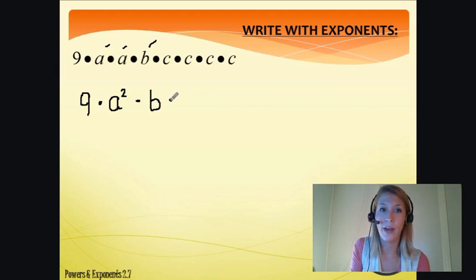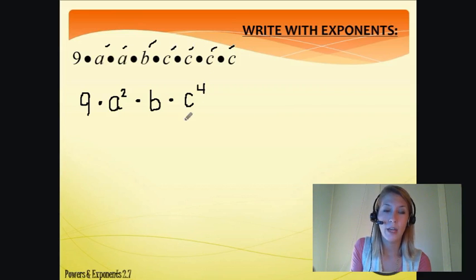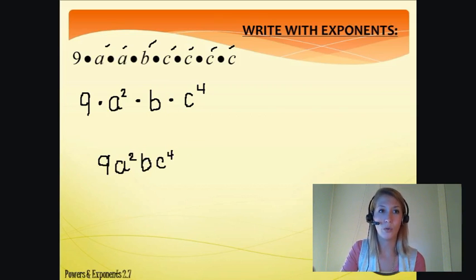It's just known that its exponent is 1. And then we also have the variable c, which is being factored 4 times. Another way to rewrite this is to take away the multiplication sign, because it would just be understood that multiplication is present in between all of these numbers and variables. So that's another way that you could write that.